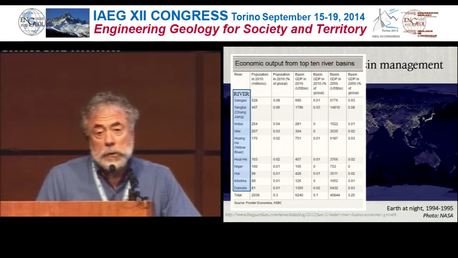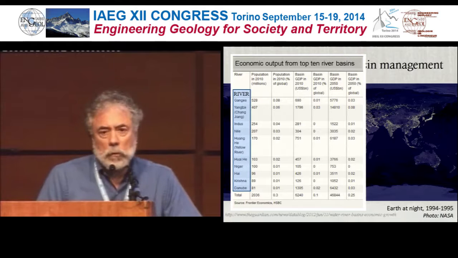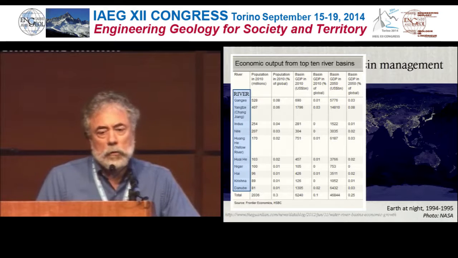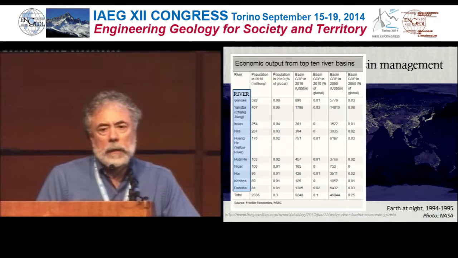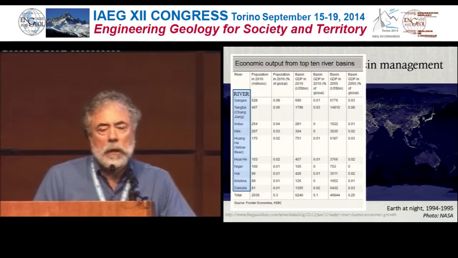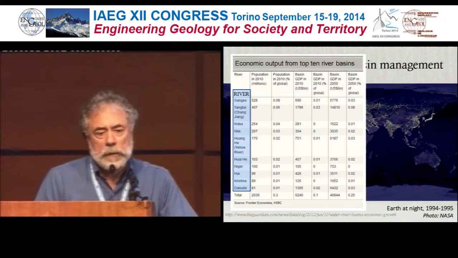Right now, 10% of the total gross domestic product, or 25% of the total gross domestic product will be from this population by the year 2050. So these are centers of population, these are centers of economic growth and potential, and it is for these reasons that river basin management has such an acute and important place or should have such an important place in our thinking.